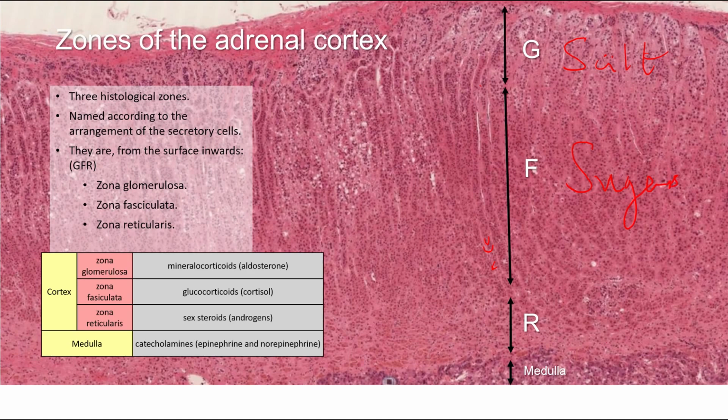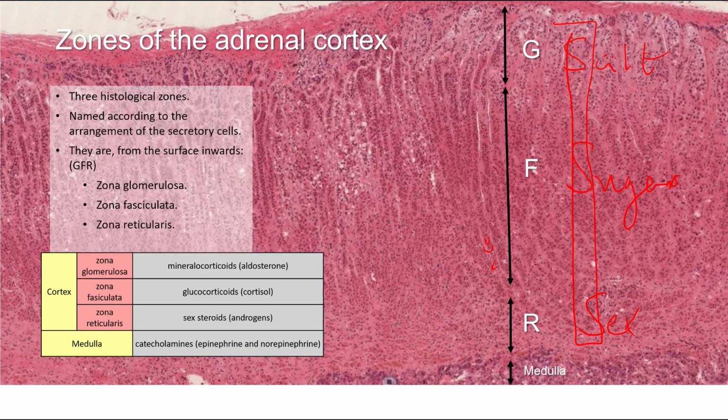The zona reticularis secretes the sex steroids like androgens, so they control the sex. These three zones control what we call the three S's in the body: the salt, the sugar, and the sex.